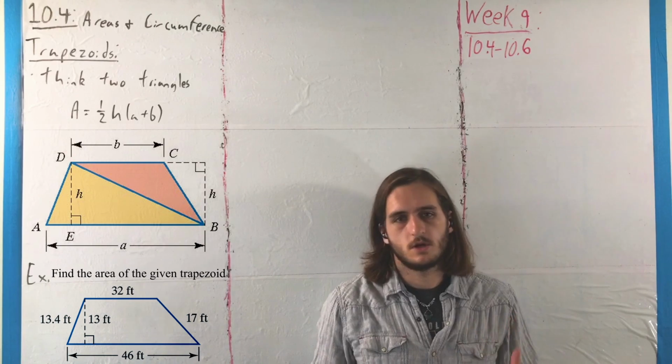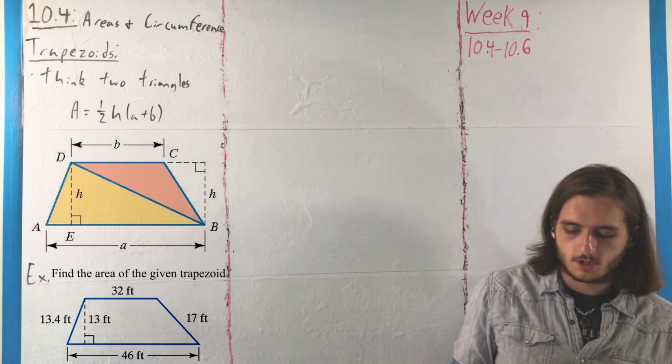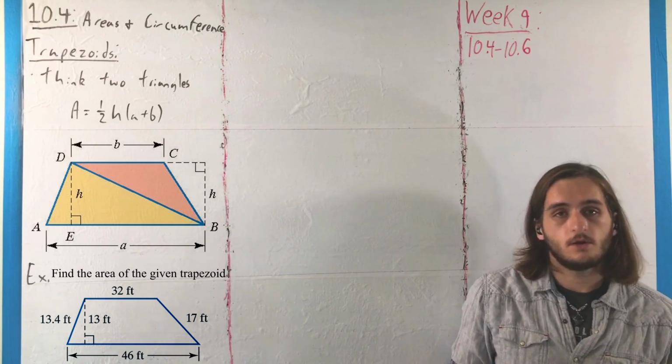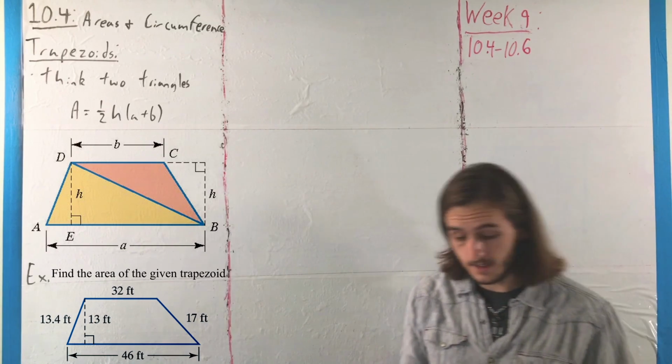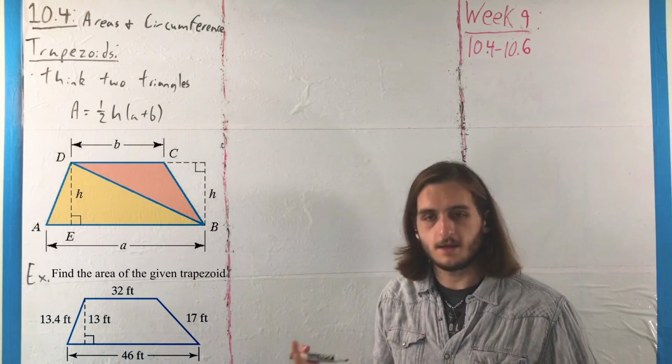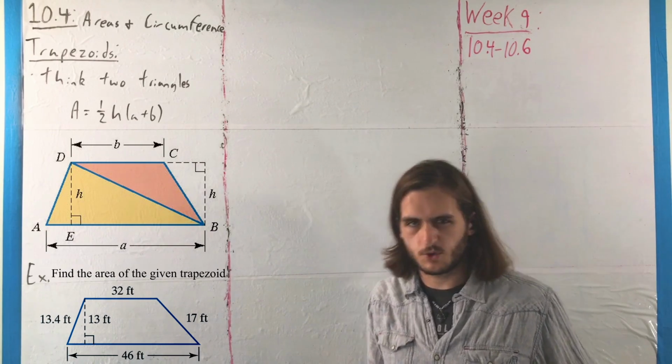So instead, we're going to talk about what happens here in terms of those bases, 32 and 46 feet, along with the height there of 13 feet. We've got those two triangles stapled together, in a sense, as the other base lengths are both shorter.